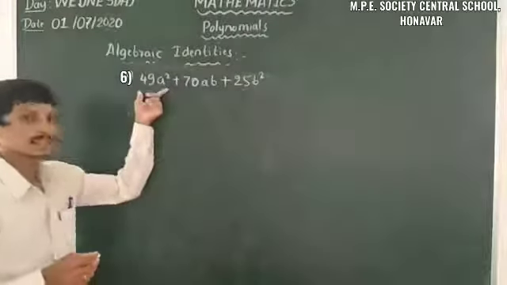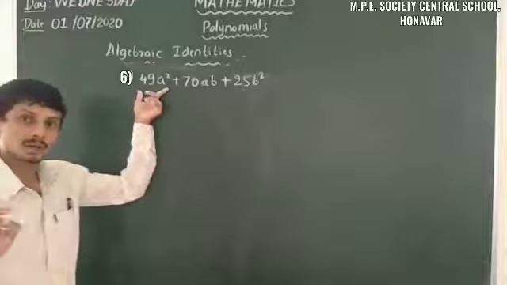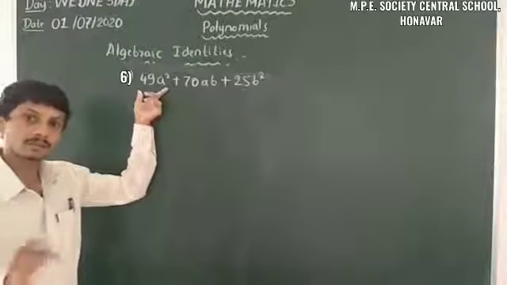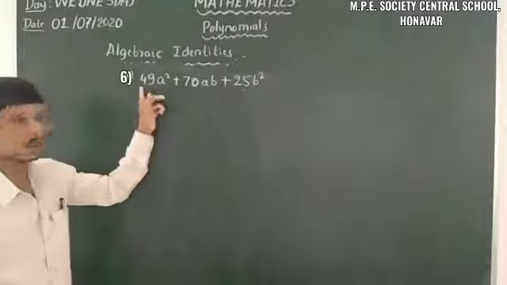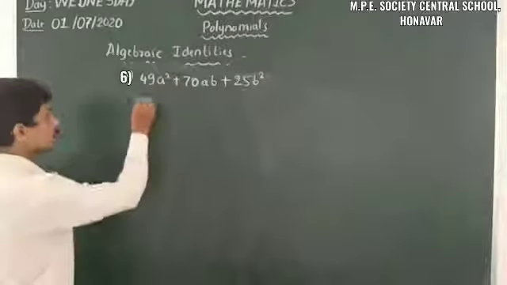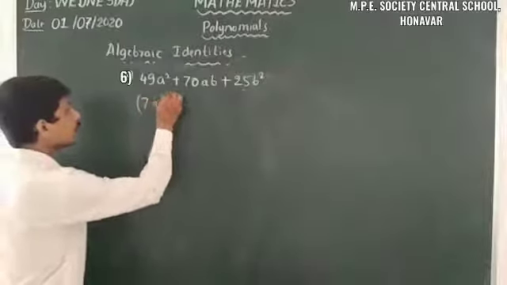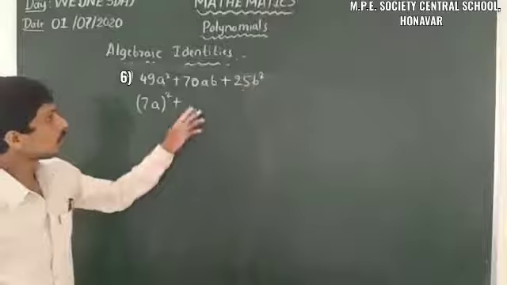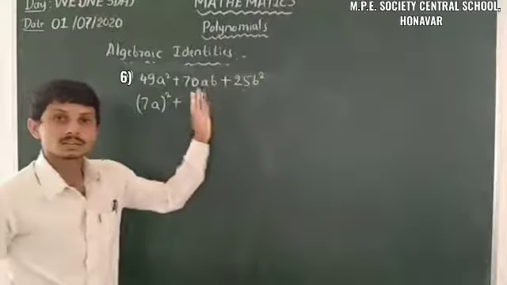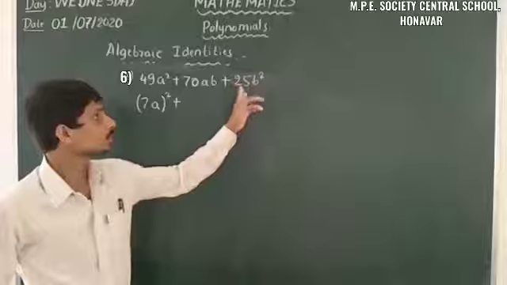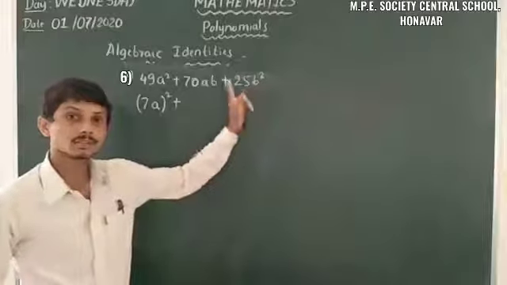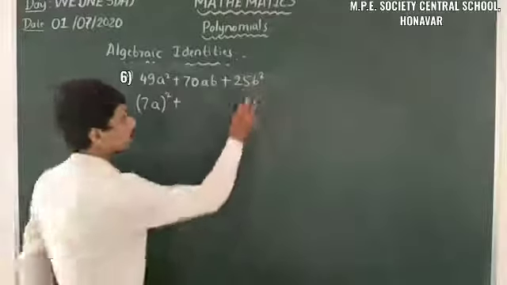Let us consider 49a square. 49 is the perfect square of 7, we already know that. That means we write (7a) whole square. Plus, because 25b square is also a square number, we can write it as (5b) whole square.